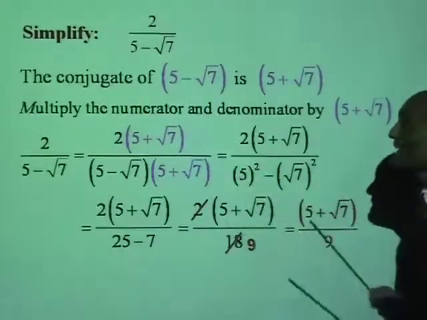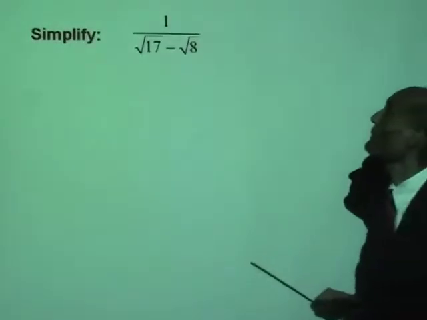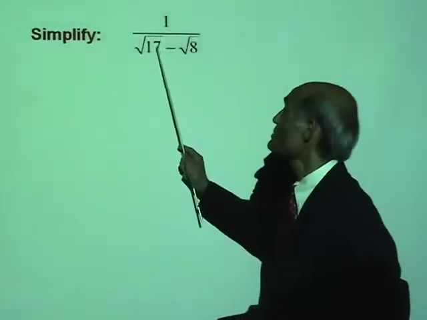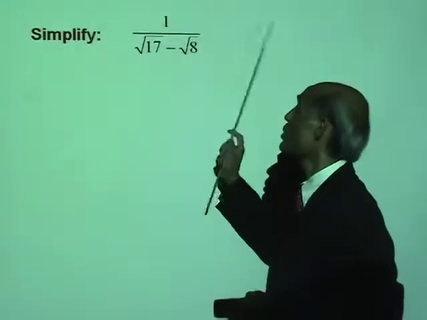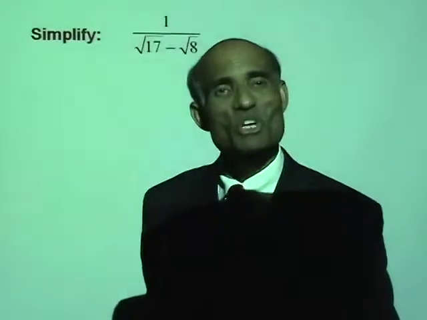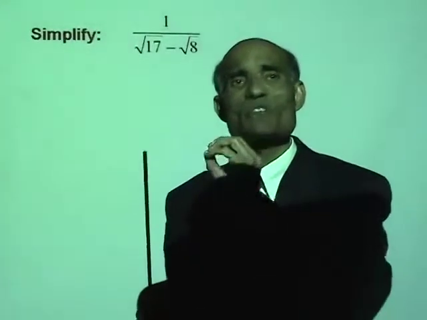Okay, a very good type of problem. Let's try another one. Simplify 1 over square root 17 minus square root 8. What is the conjugate of square root 17 minus square root 8?